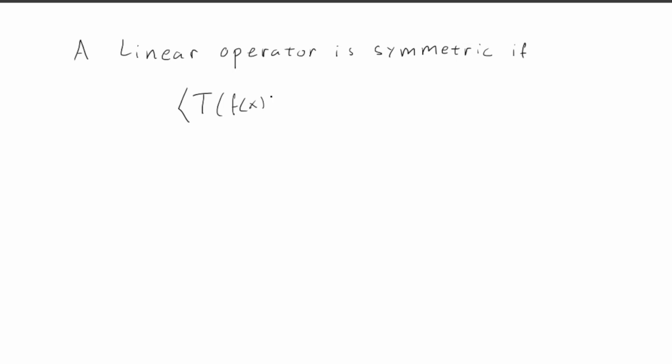So a linear operator is symmetric if, well, we wrote it in terms of the dot product, right? So T of f of x dot g of x, you can just slide the T to the other side.